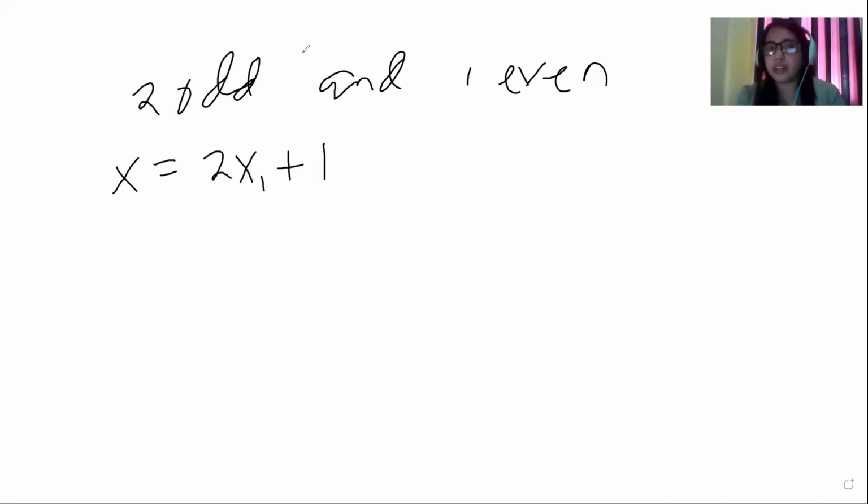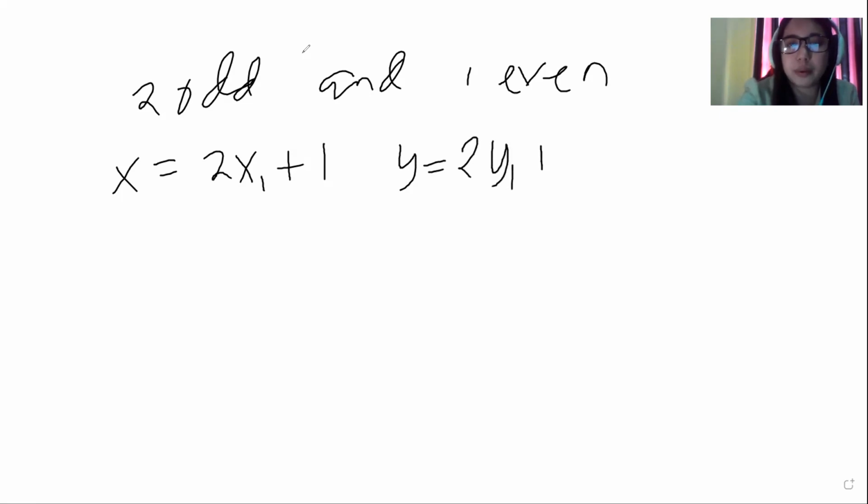By definition, if n is equal to 2k plus 1, this is the form of an odd integer. So let x be 2x sub 1 plus 1. Let y be an odd integer also, so let us use 2y sub 1 plus 1. And z is equal to 2z sub 1, so it's an even integer.